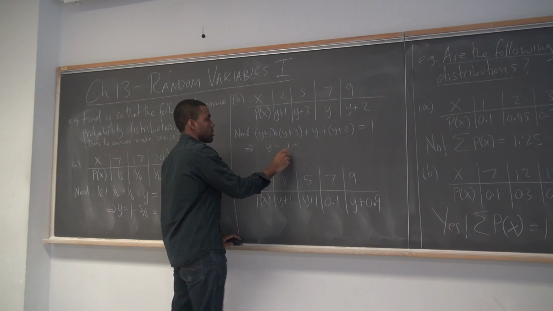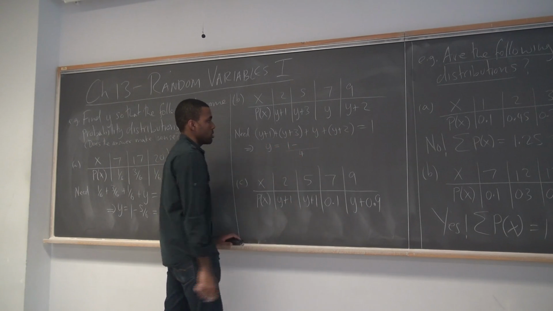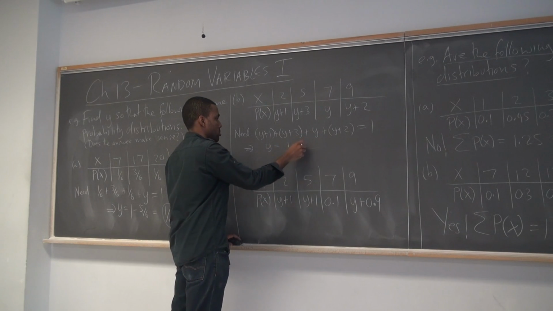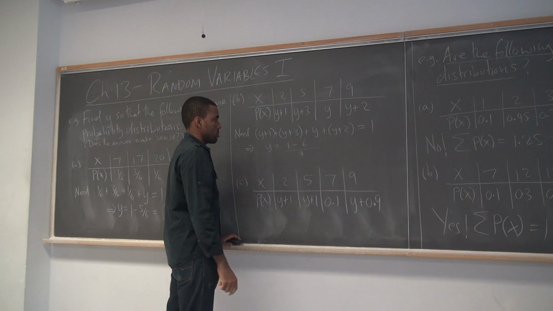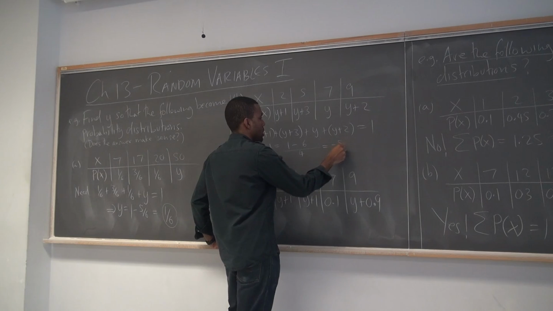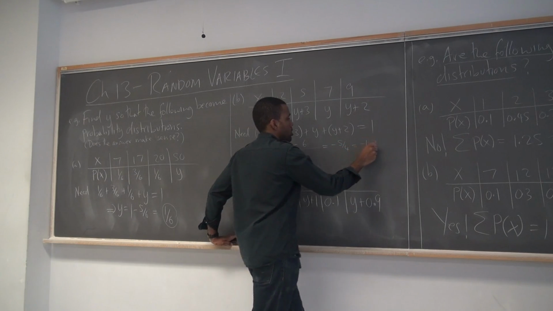So it's 1 minus a bunch of stuff over 4. 1 minus 6. It's going to be y is equal to -1.25, negative 5/4 or minus 1.25.